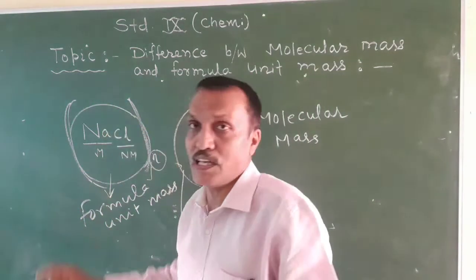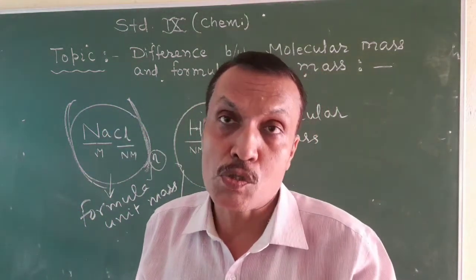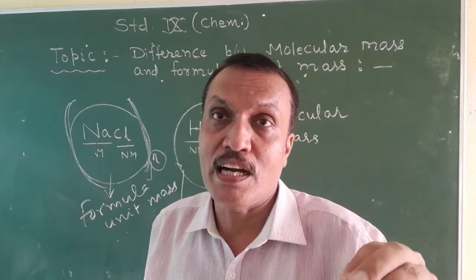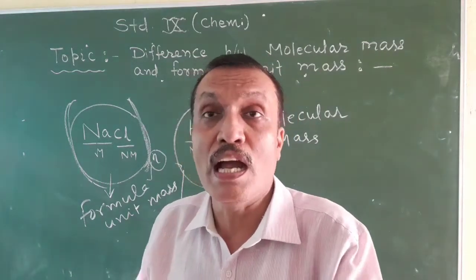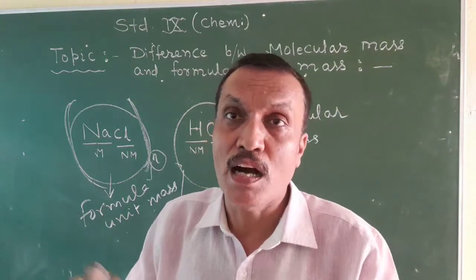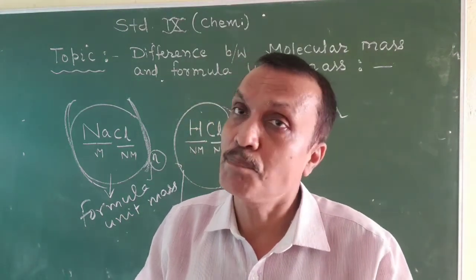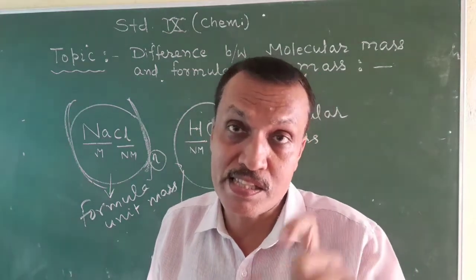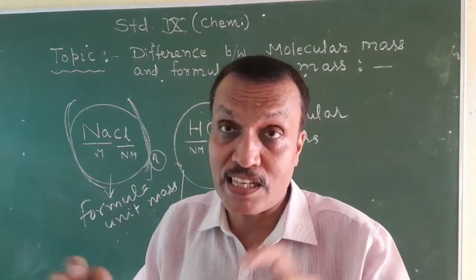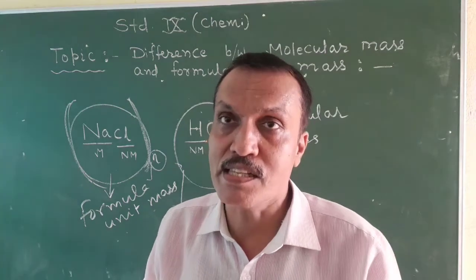In the NaCl compound, there are so many Na plus ions attached with Cl minus ions, and Cl minus ions are attached with Na plus ions. As they do not exist as single molecules, they exist in lattices.